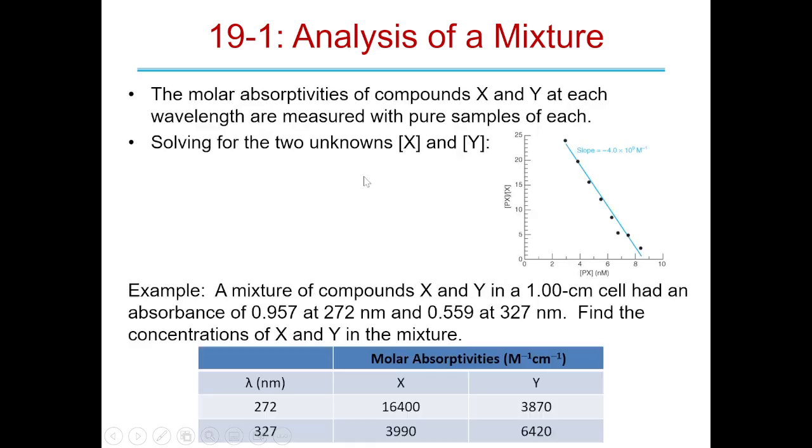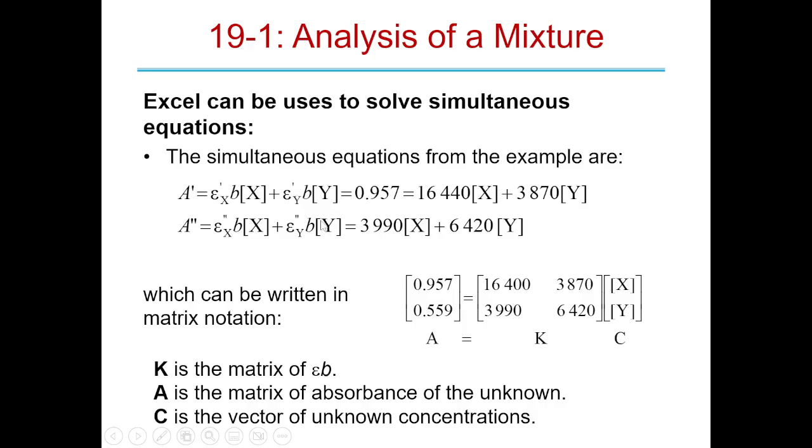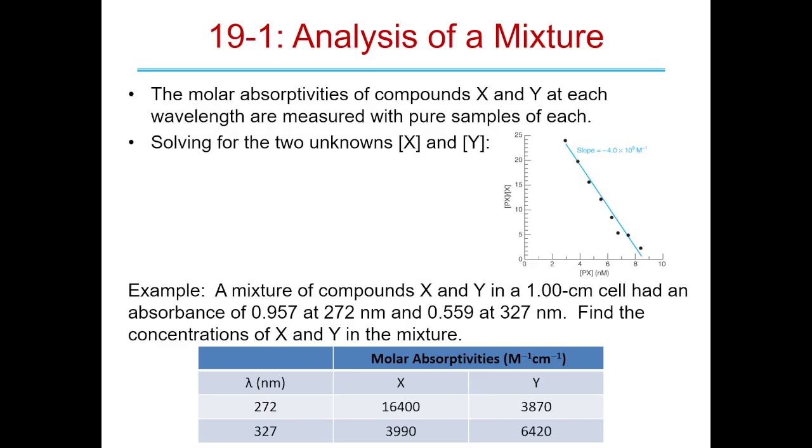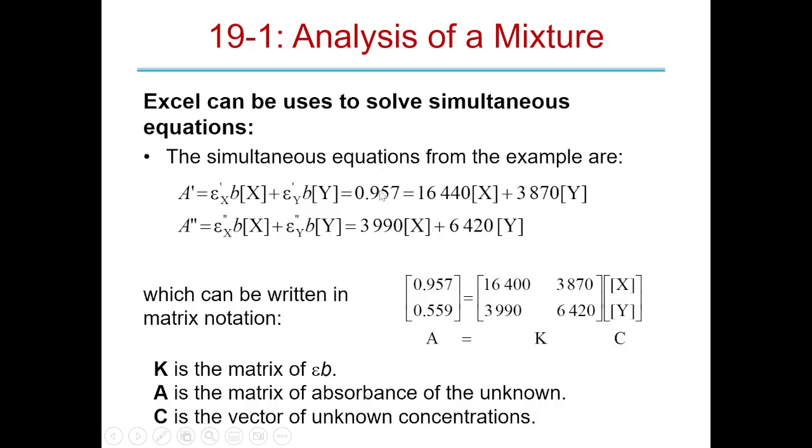So in our previous example, the example we just talked about, we would get, again, this absorbance here, see that? The 0.957 is the 272 nanometer absorbance. That would equal the extinction coefficient times 1, which we don't have to list, right?